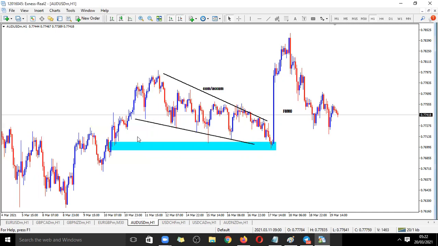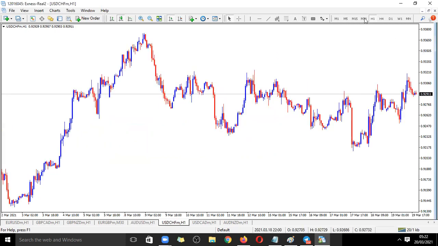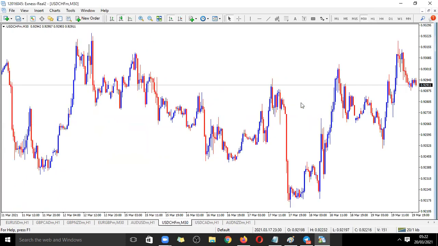Let me get more US dollar pairs. It was a powerful event, very powerful. Yeah, so 17th of February, look at that. We had a compression. Price was compressing towards a decision point.